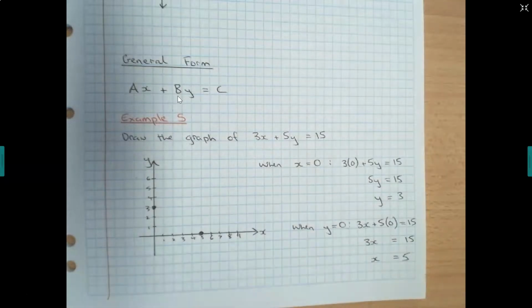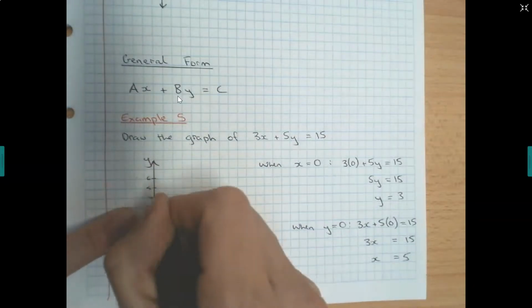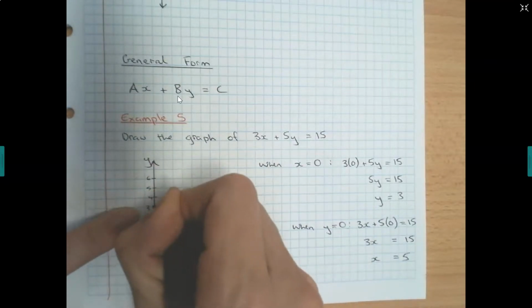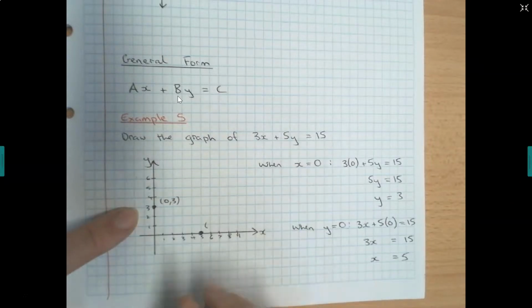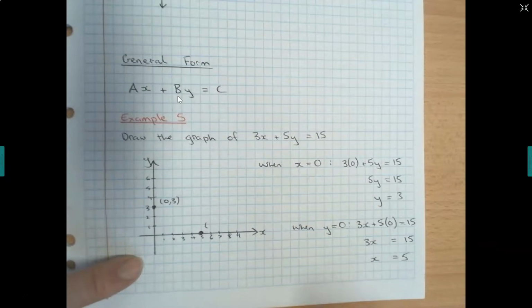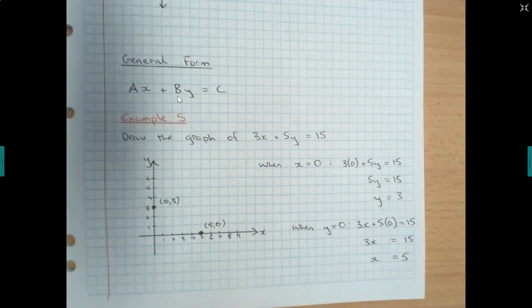So now I have 2 points. I have my point 0, 3. That's the coordinate (0, 3). And this is coordinate (5, 0).